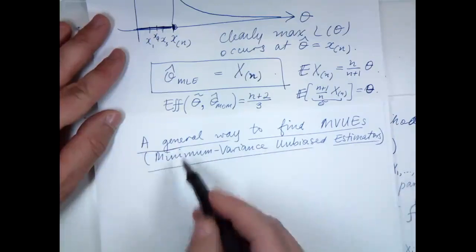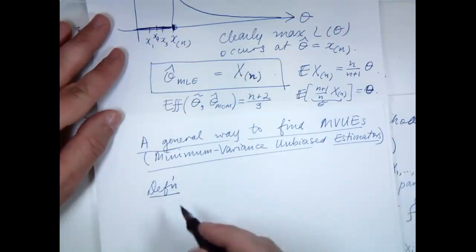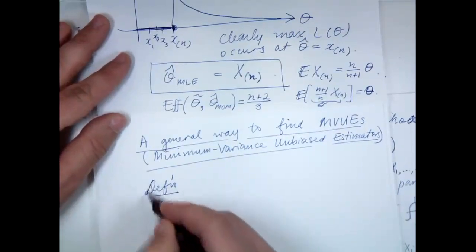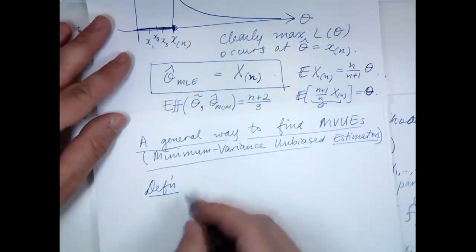But in order to do that, we have to talk about something called a sufficient statistic. And perhaps, despite the fact this course is about statistics, perhaps you're not super clear on what the definition of a statistic is.